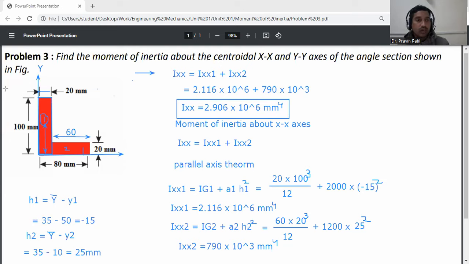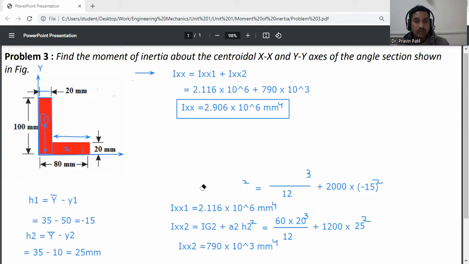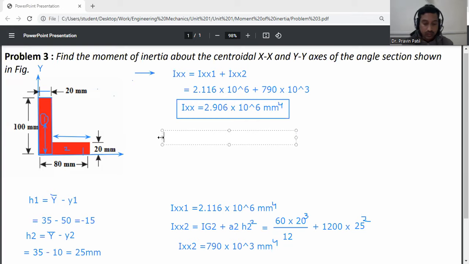Now calculate x bar, for the moment of inertia about the y axis. First of all, for that we need to calculate x bar.